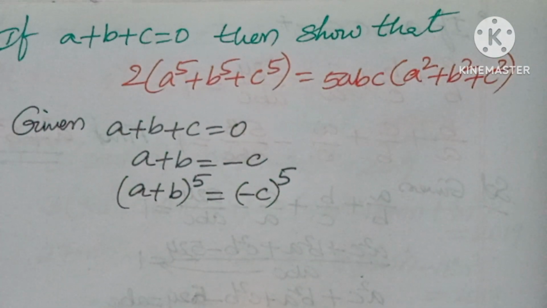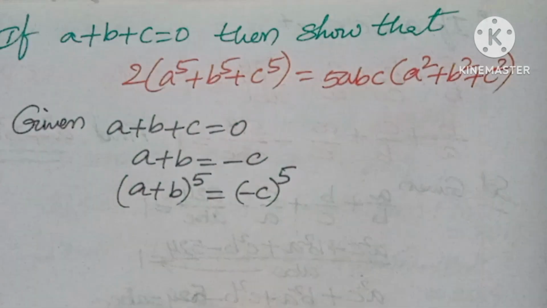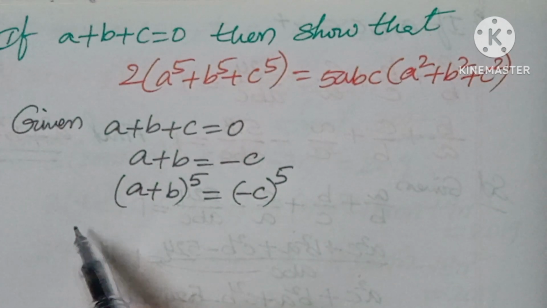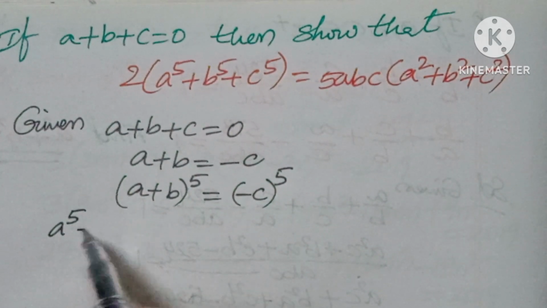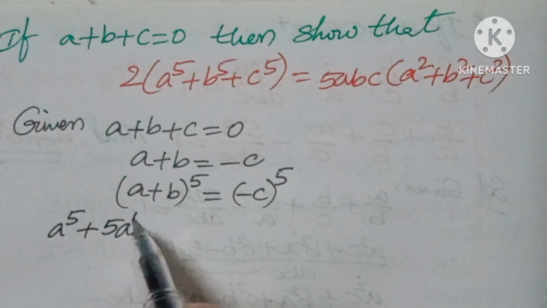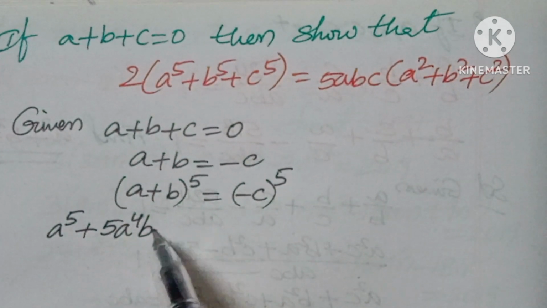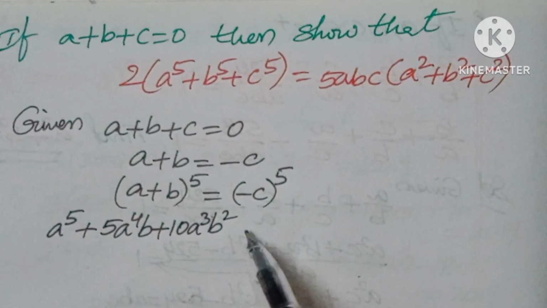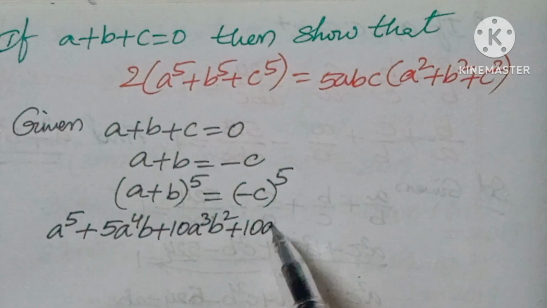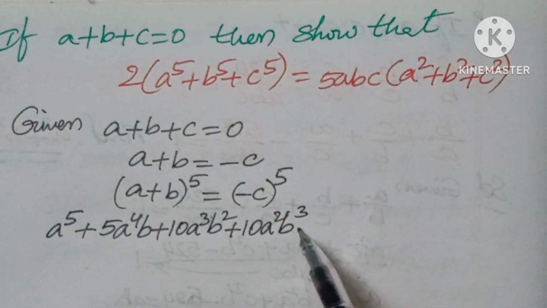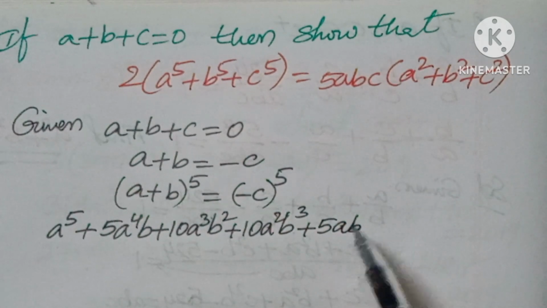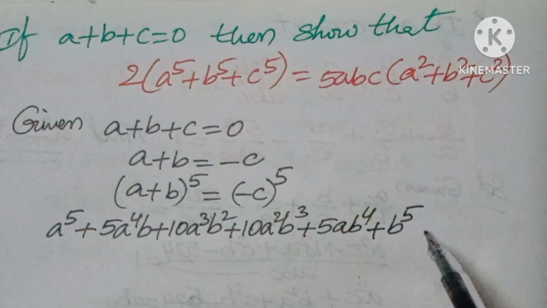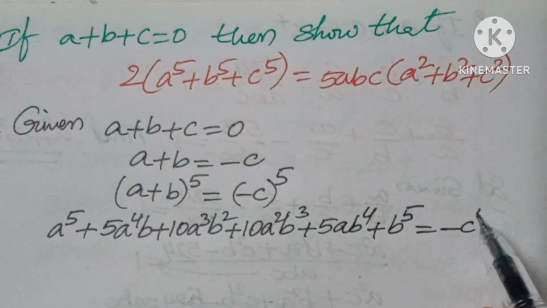So here, a plus b whole to the power of 5 can be written as a to the power of 5 plus 5a power 4 b plus 10 a cube b square plus 10 a square b cube plus 5ab power 4 plus b to the power of 5 is equal to minus c power 5.